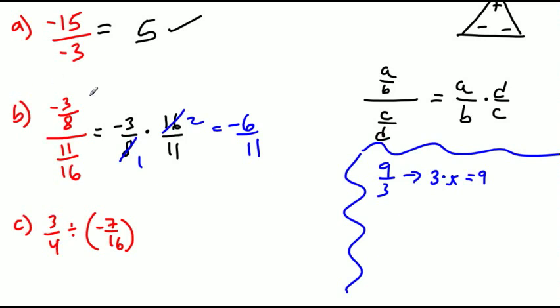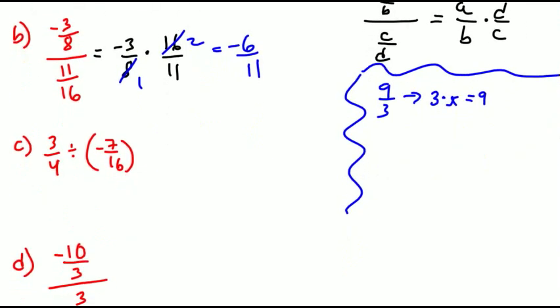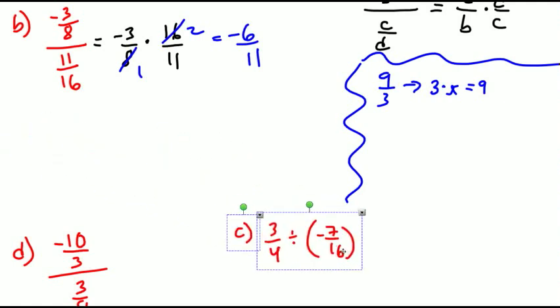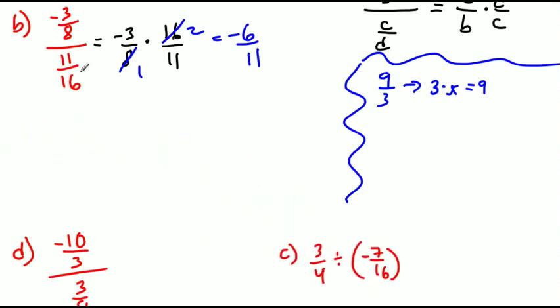Okay, so watch this. Let's take the same problem now right here. And I'm going to move this guy over here for right now. I'm going to turn this problem right here into a multiplication problem. And remember, I'm just going to use this as my model.